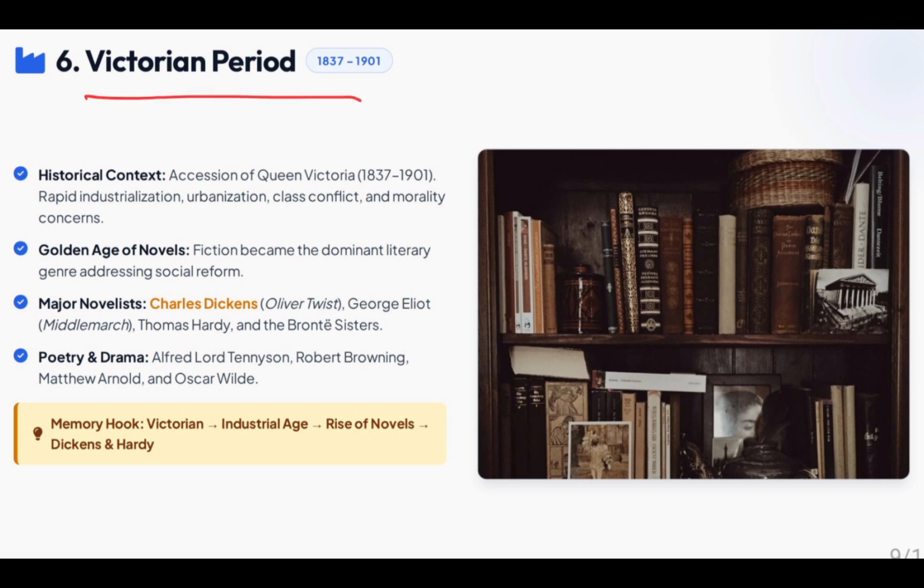The Victorian period starts with the reign of Queen Victoria, 1837 to 1901. It begins with the accession of Queen Victoria in 1837 and ends with her death in 1901. This is a very important period for the development of the English novel. The Victorian age was characterized by industrialization, urbanization, social change, class conflict, poverty, religious thought, scientific development, moral concerns.